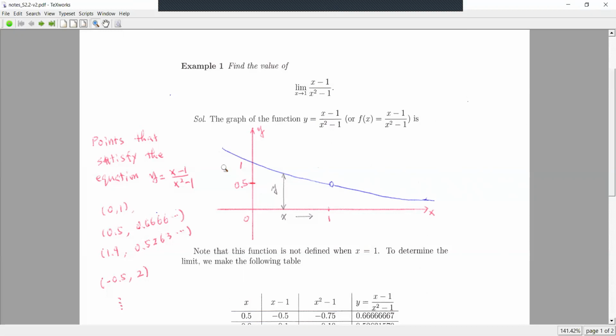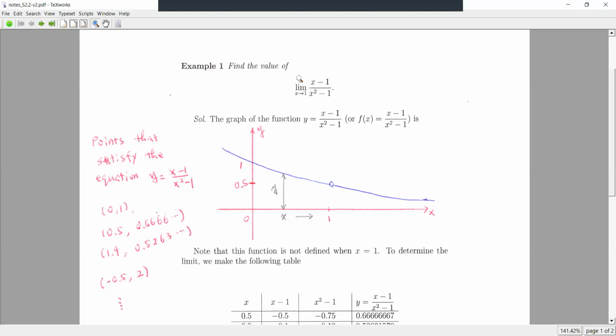At each point of the graph, the height of the point is the value of y, or the value of the function. So the height of a point on the graph is the function value at the point.